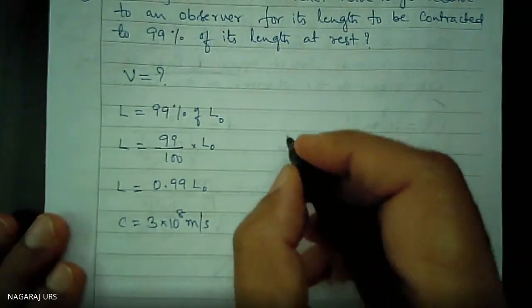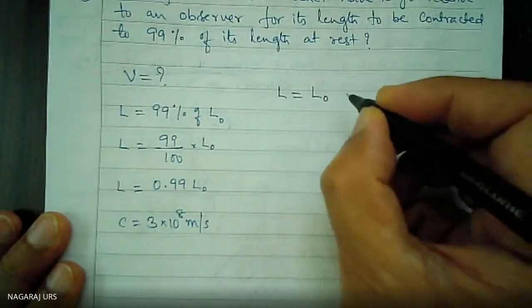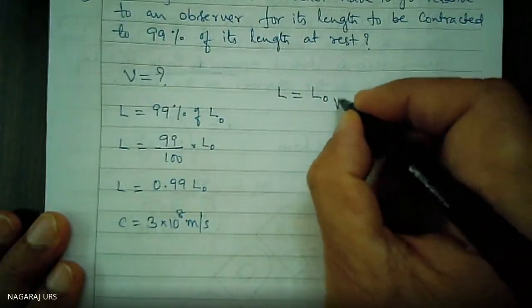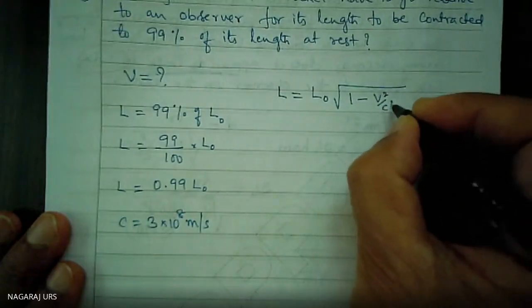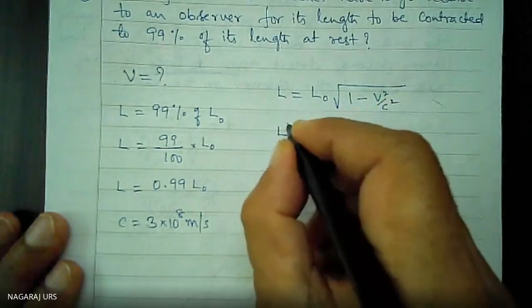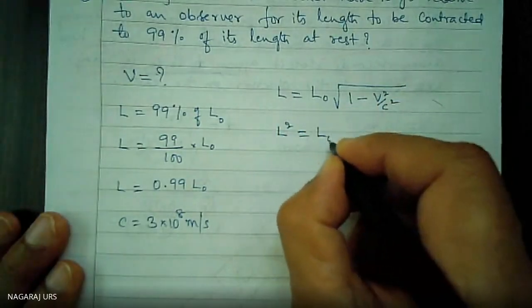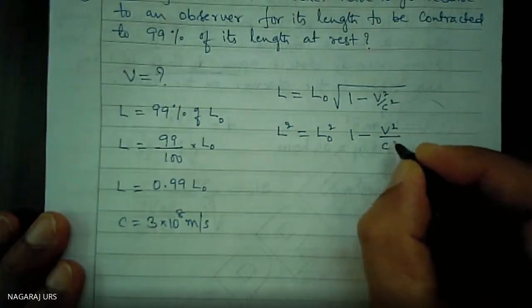The formula: L is equal to L naught into square root of 1 minus V square divided by C square. Squaring on both sides, L square is equal to L naught square into 1 minus V square by C square.